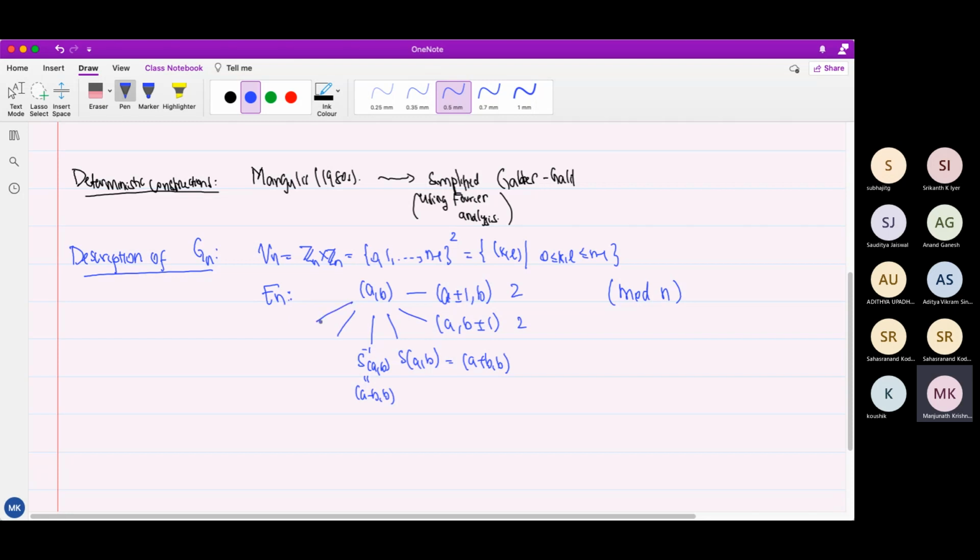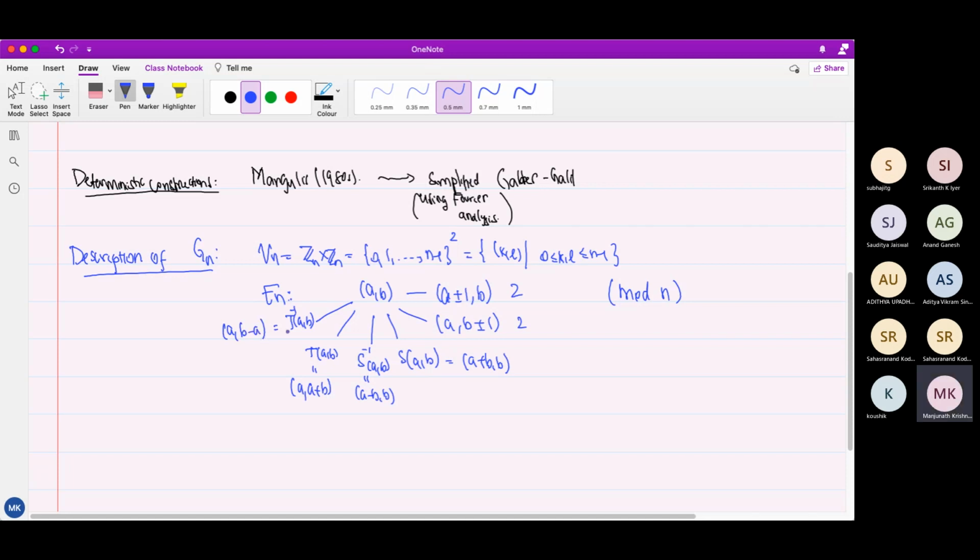Then two more edges, so 2, 4, 6, 8 edges will be there. T of (a,b) is very similar: (a, b plus a). And T inverse of (a,b) is (a, b minus a).